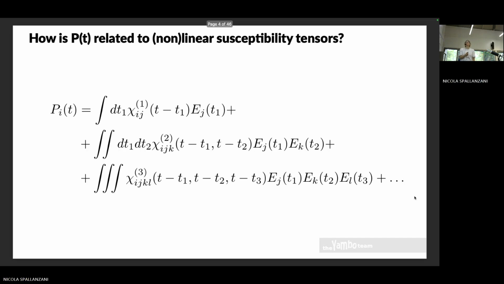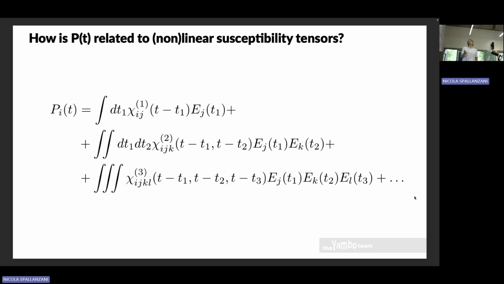However, what about the bulk polarization? First, of course, let's remind how from the polarization one then gets the nonlinear optical properties. This was shown schematically by Eleonora. So here I put all the time integrated.